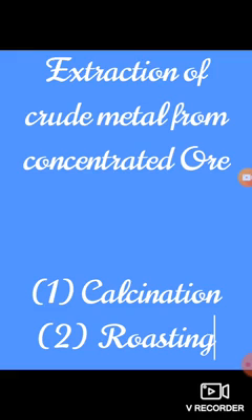Most of the sulfur is converted into SO2. So in this process most of the sulfur is removed and it gets converted into SO2, sulfur dioxide.